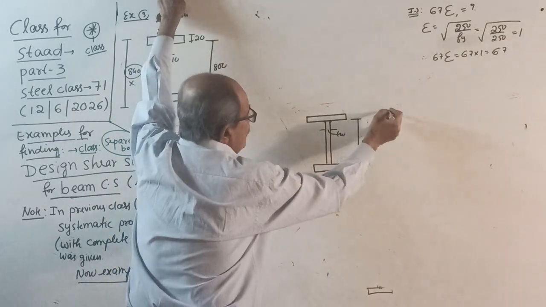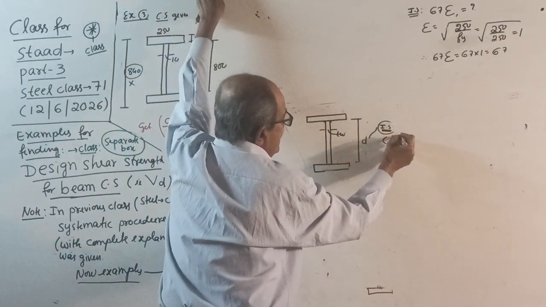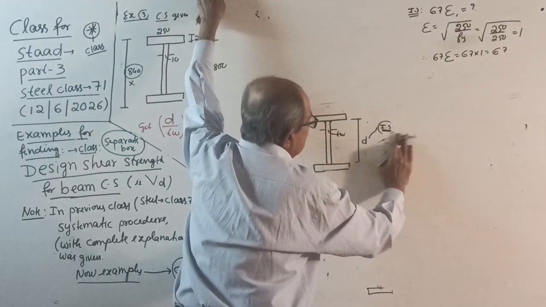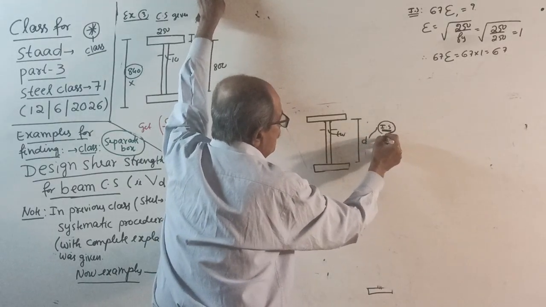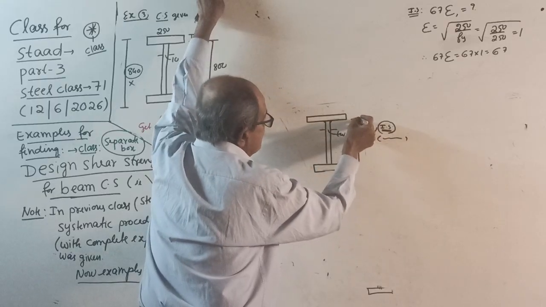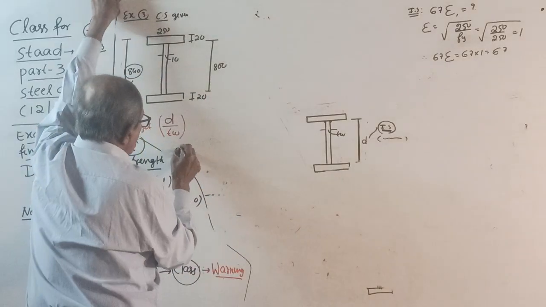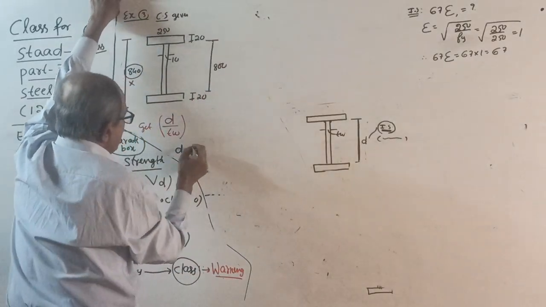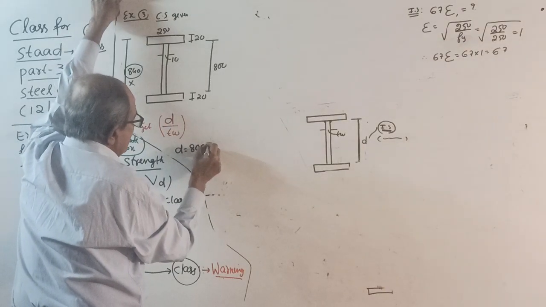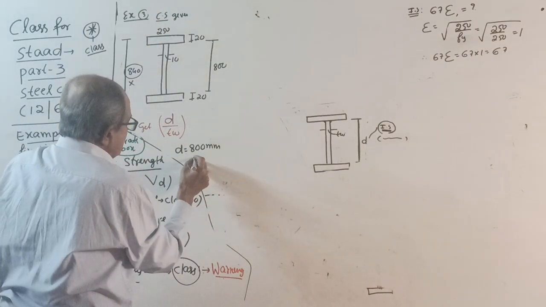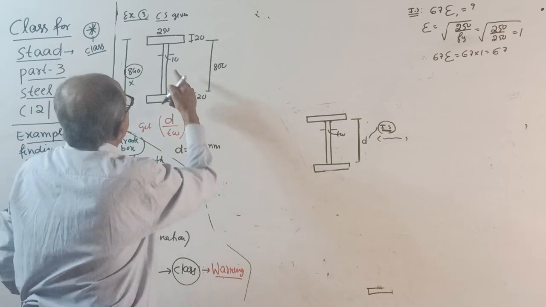As per IS code, for a welded I section, you should write, if you are interested, that the depth of the web itself is D. So your D equals directly 800, no subtracting, 800 millimeter. TW equals, already known there, 10 mm.